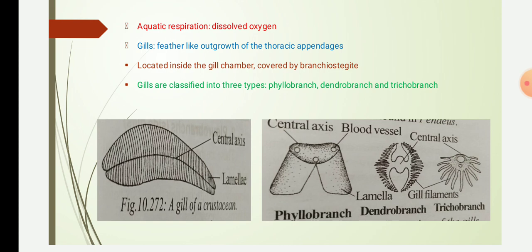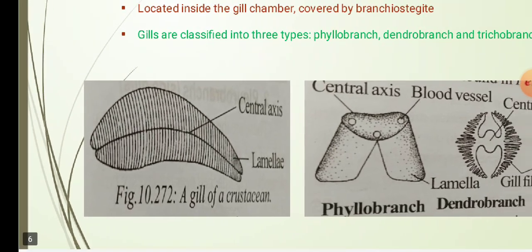If you see this picture of a gill of a crustacean, there are two rows in which lamellae are placed, but these rows may vary in number as per the species.